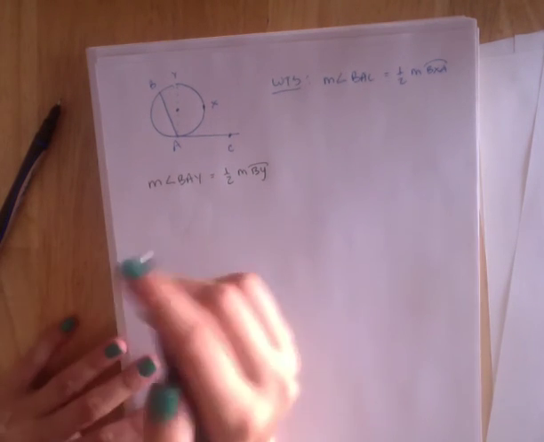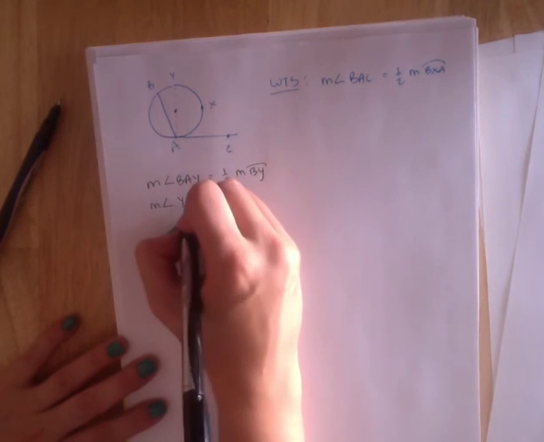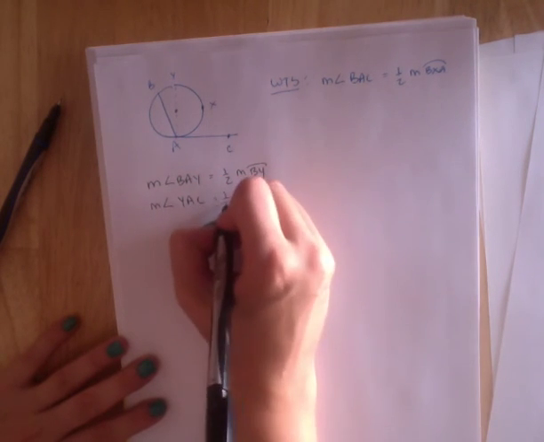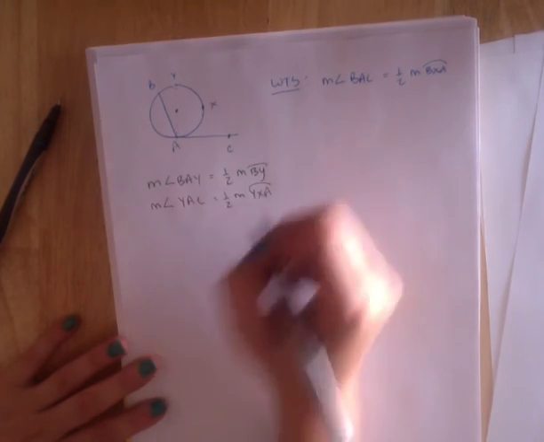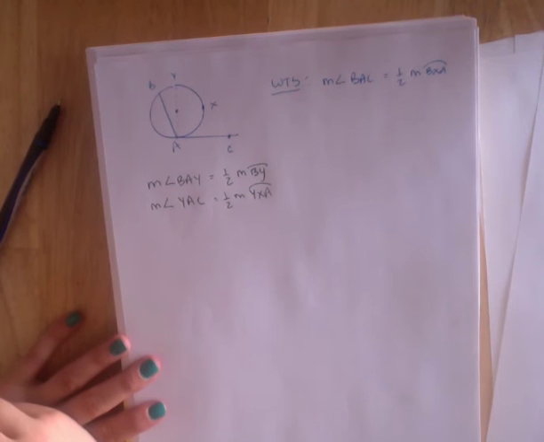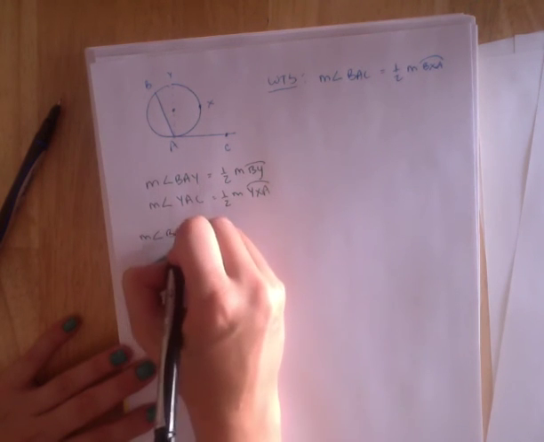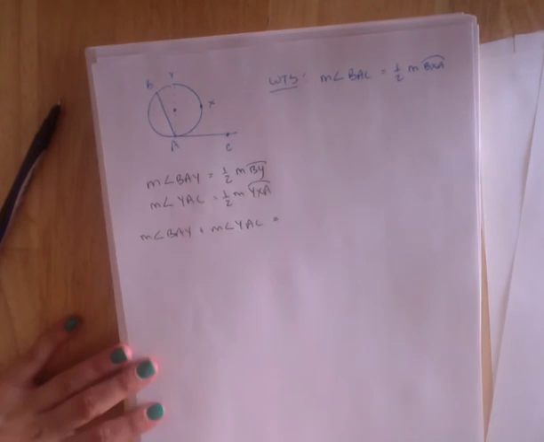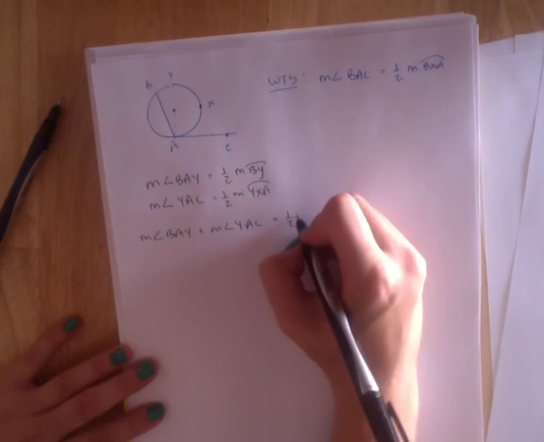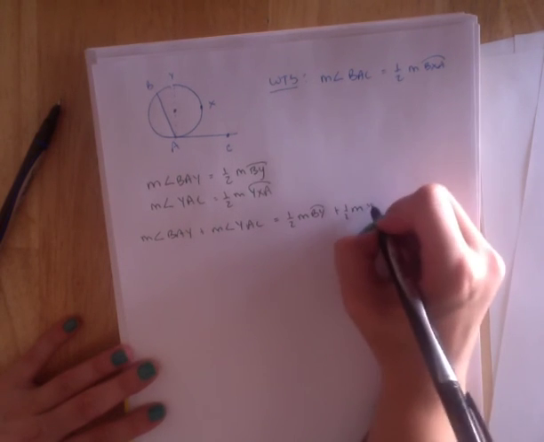And I also know that we proved previously the measure of angle YAC is 1/2 the measure of arc YXA. Now, what I'm going to do is add these together. So the measure of angle BAY plus the measure of angle YAC gives me 1/2 measure of BY plus 1/2 measure of arc YXA.